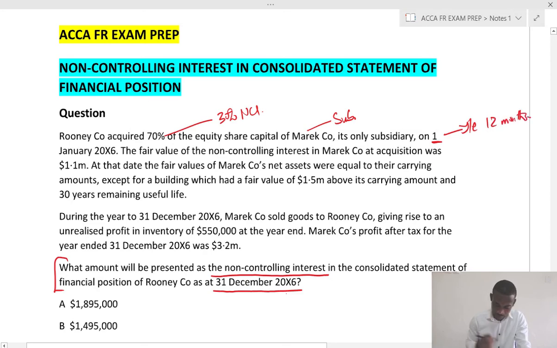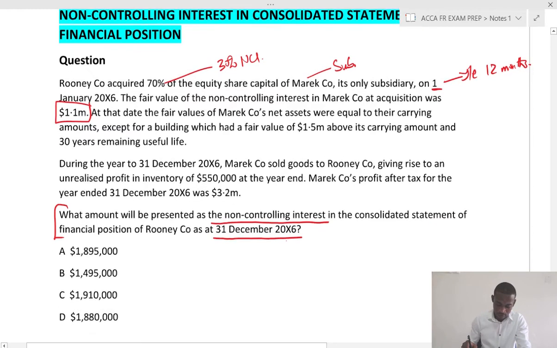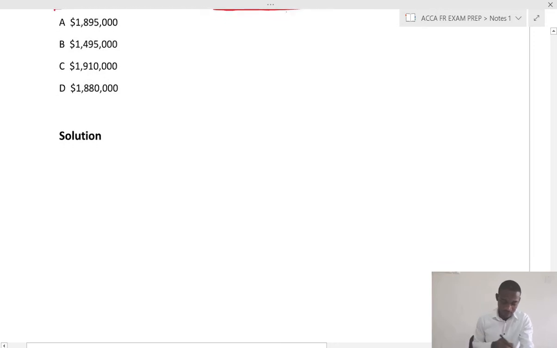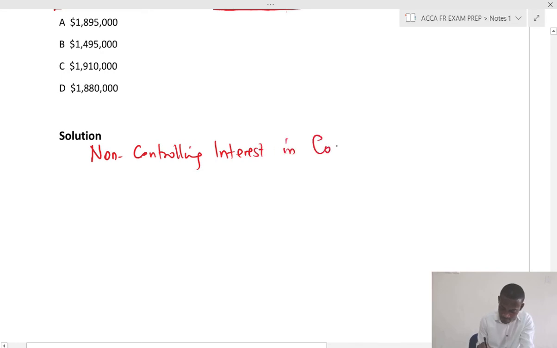Very important to note. Now the fair value of the non-controlling interest in Marik at the acquisition date was 1.1 million. And I know that the pro forma for the non-controlling interest in the consolidated statement of financial position is that I need the NCI at acquisition date.